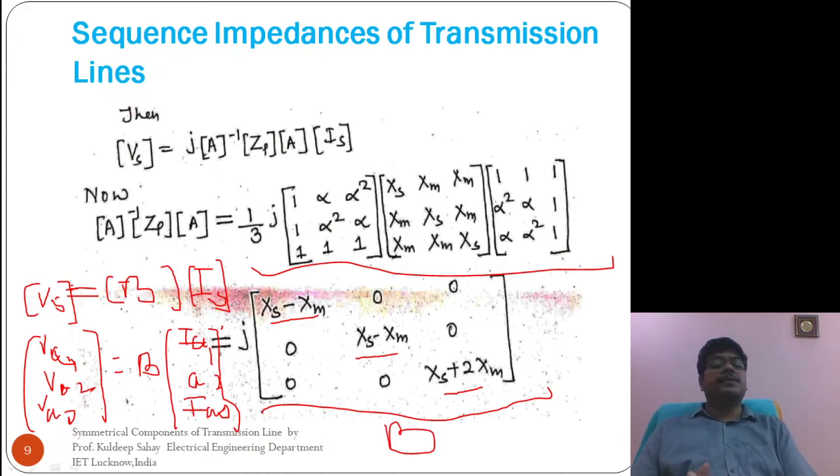Similarly, negative sequence is not related to positive sequence and zero sequence. So once again it is proved that it is a decoupled form, which means one can represent each network independently.